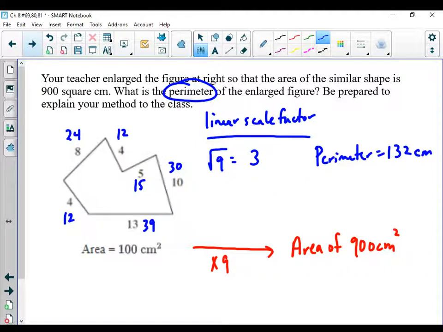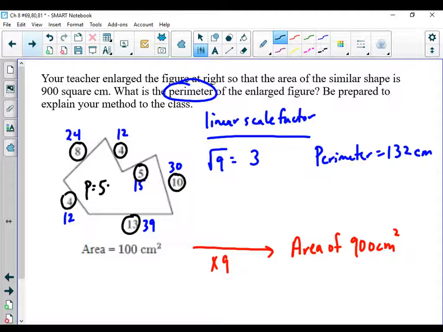Something else, though, I might have done for this one. Let's go back to the original figure. Well, if I go back to the original figure where we had 8 and 4 and 5, 10, 13, and 4. And I found the perimeter of that original figure. Let's see what that perimeter would be if I added those together. So I've got 12, 17, 27, 50.